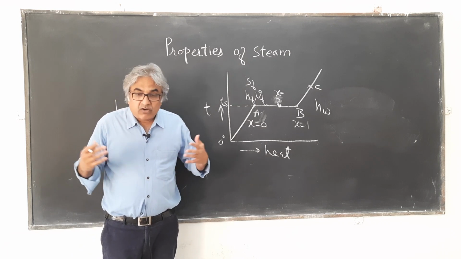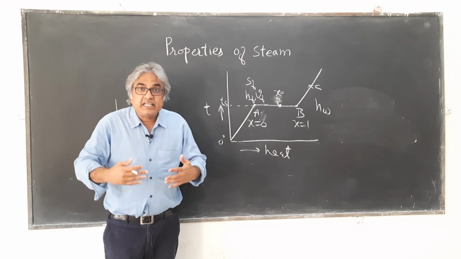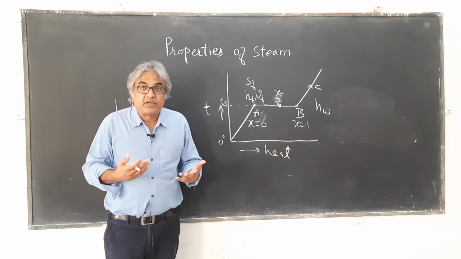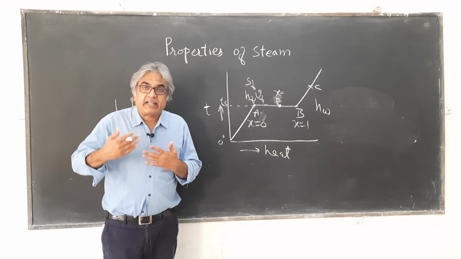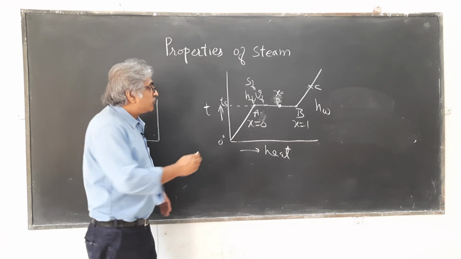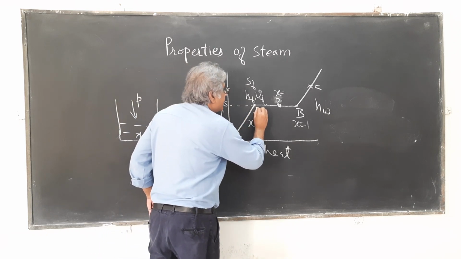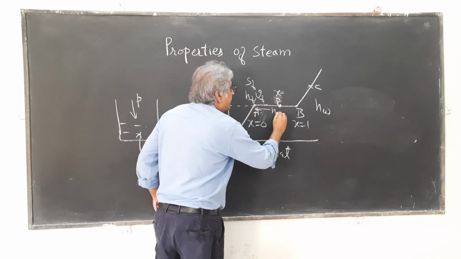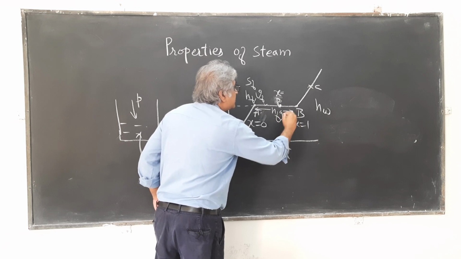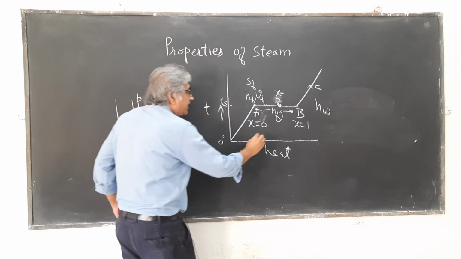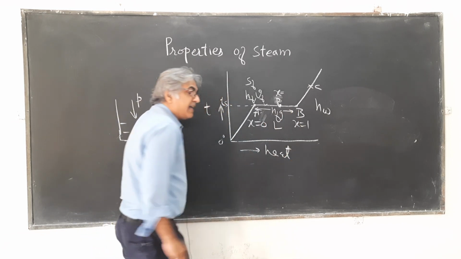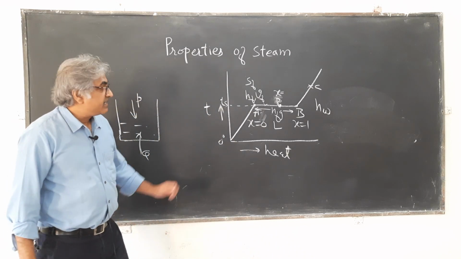Why? Because you are heating it, but that heat is utilized for phase transformation. It will not be reflected in a temperature rise. So this is the heat from A to B. This is denoted as hfg, or also as L. L stands for latent heat.